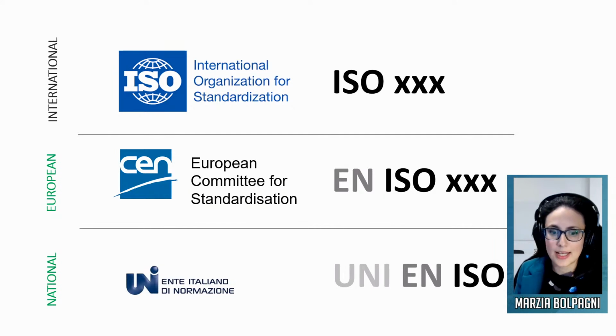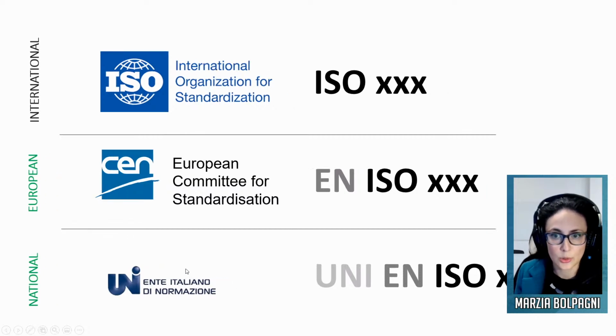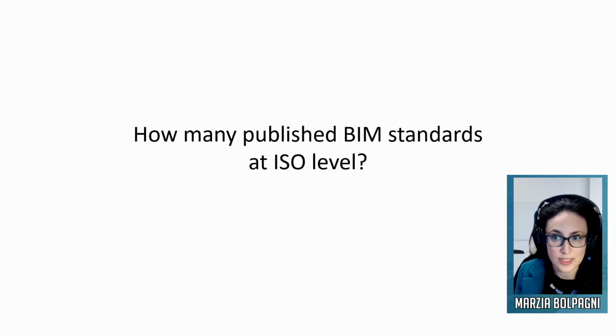It can seem like a simple thing, but trust me, in contracts it's really important to be specific, and it can make your life easier if you are really clear about how you define standards.